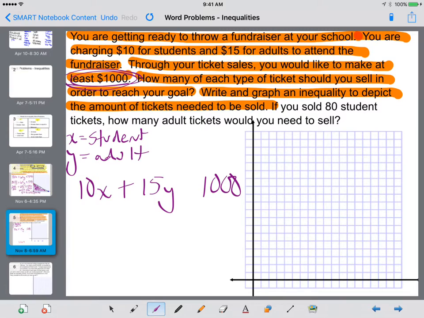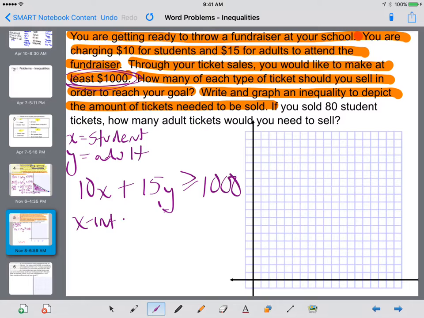So let's talk about what that means. If we want to make at least $1,000, then this represents our ticket sale side, and we would like that side to be bigger than or equal to $1,000 in order to reach our goal. So let's graph.